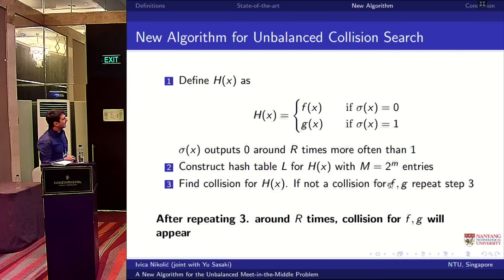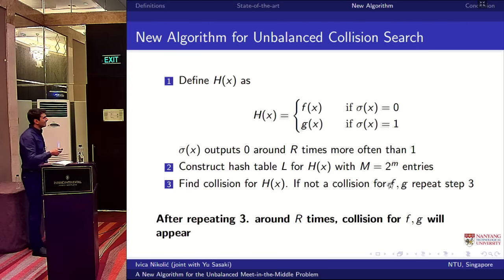And then we find a collision for h of x. If it's a collision for f and g, excellent. If it's not, we have to repeat the collision search. Because h of x equals f of x r times more often, we have to find on average r collisions in order to solve the unbalanced collision search problem.